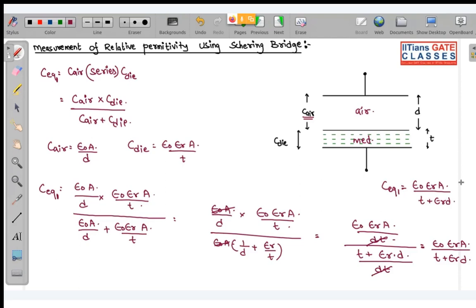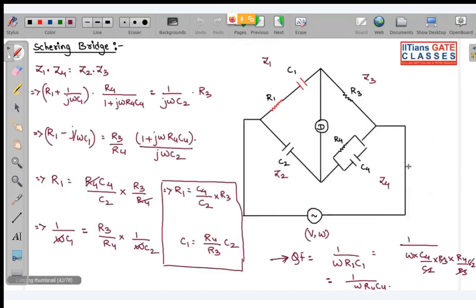So this C equivalent is placed over here.